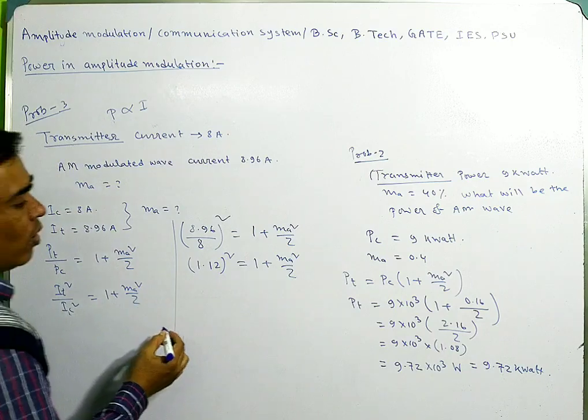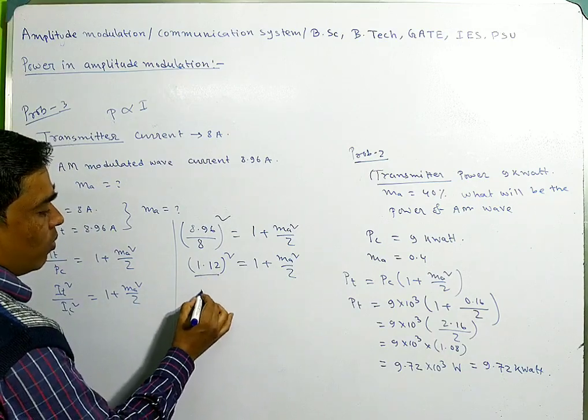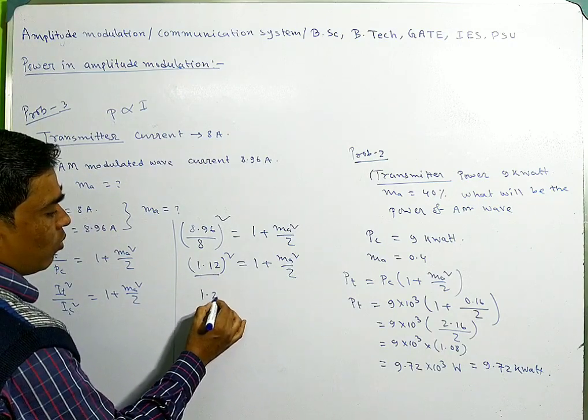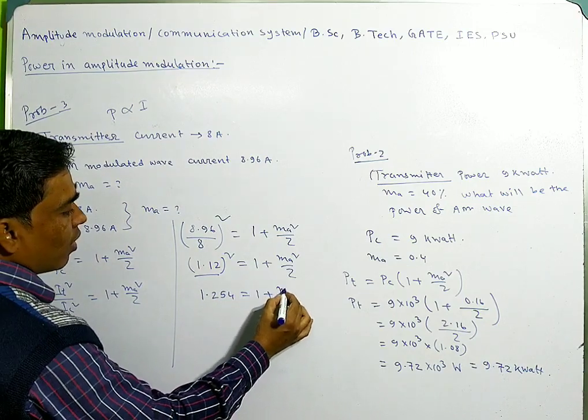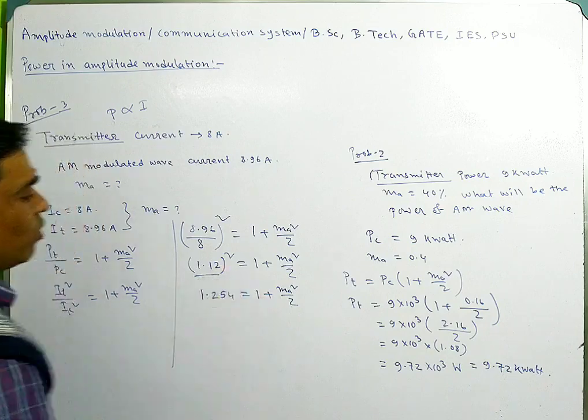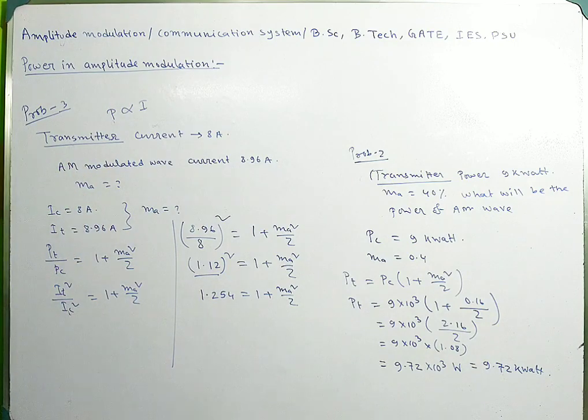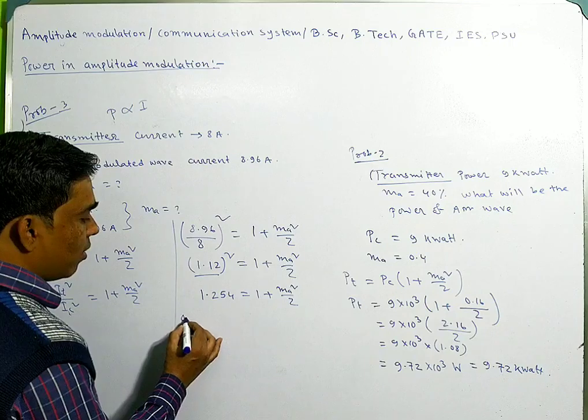So if you calculate 1.12 into 1.12, it will be 1.254.